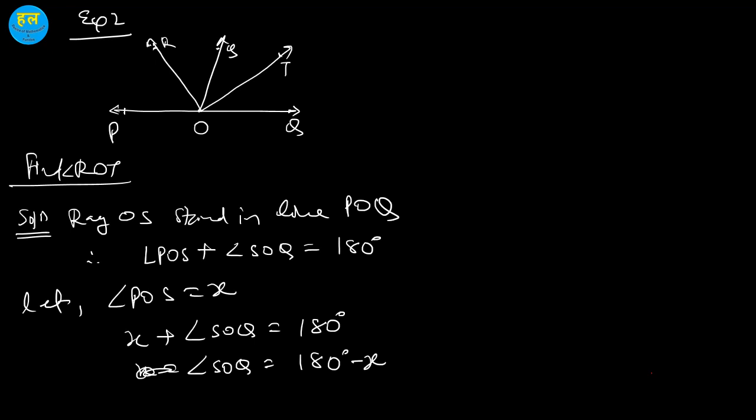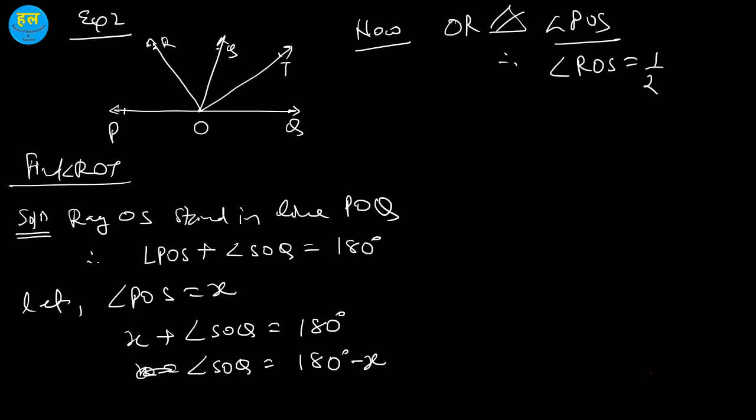Now since OR bisects angle POS, therefore angle ROS will be half of angle POS.